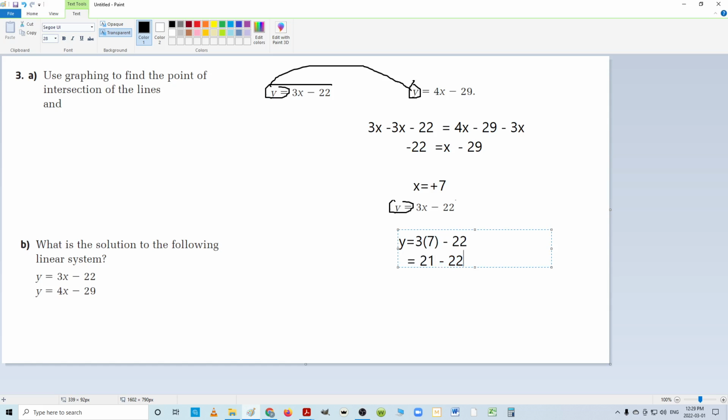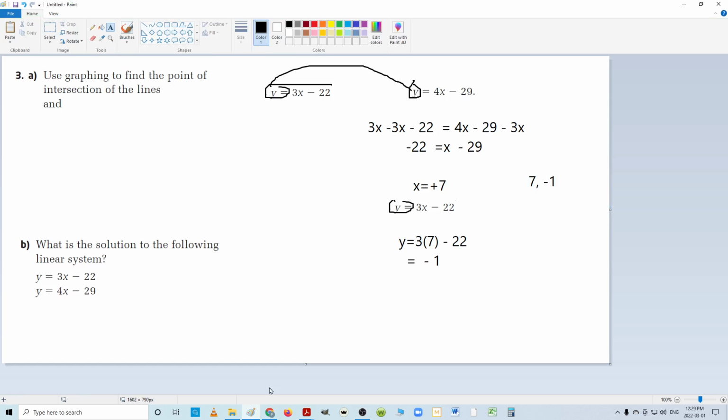The negative number. So I'm going to have a negative result. What's 22 minus 21? Negative 1. If you want to break this up, negative 22 is also negative 21 minus 1. That adds up to negative 22. It's clear that 21 minus 21 is 0, and I'm left with minus 1. So that means these two things meet at 7, comma, minus 1.